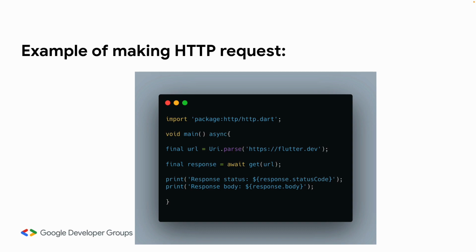After adding it, you go to your service or your repository, and then you import the package. In this example, in the main function, the first line, we are creating our link, our URL, and we are making requests to the Flutter website.